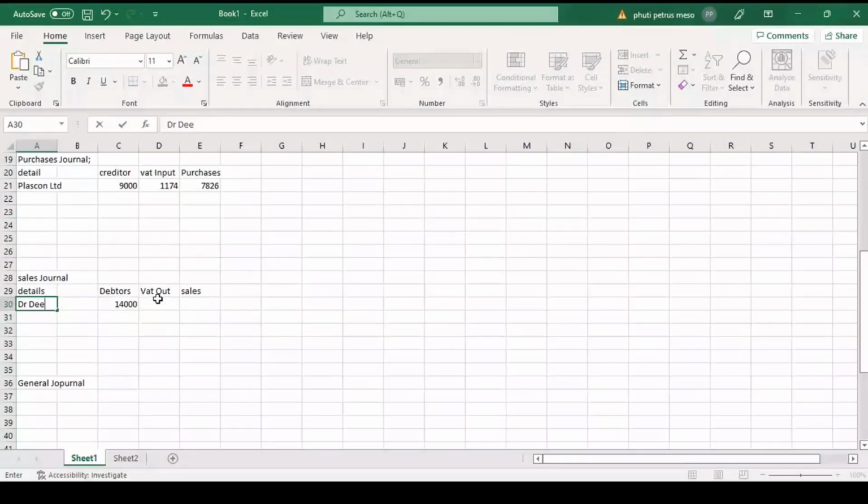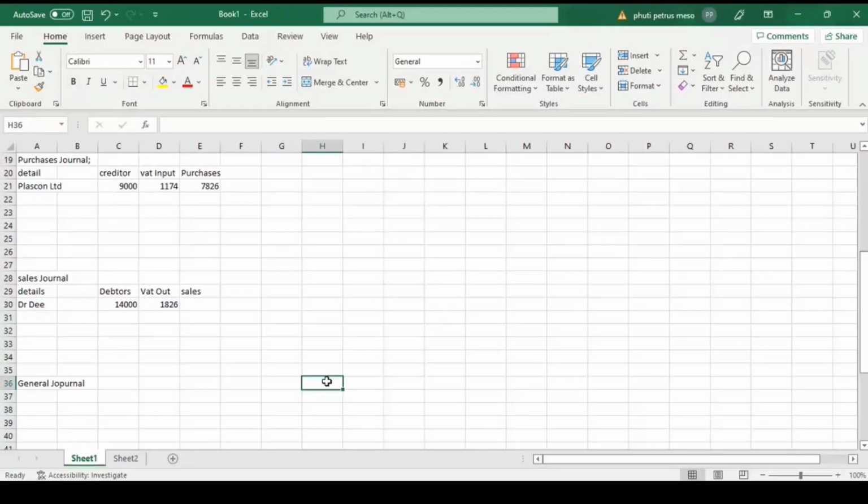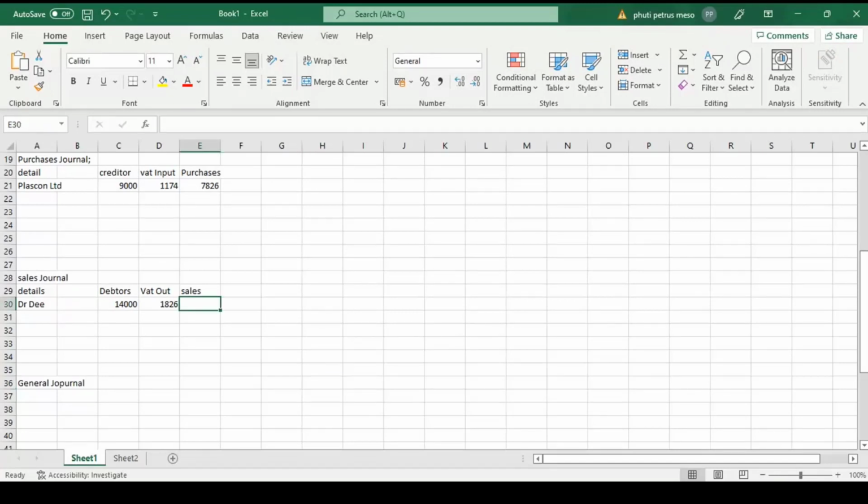So it's easy, you just say 14,000, multiply this by 15, and then divide this by 115, and then it's giving me 1,826. This will be my VAT. Then you would say 14,000 minus 1,826, and this will be my sales with an amount of 12,174. I think it's easy.